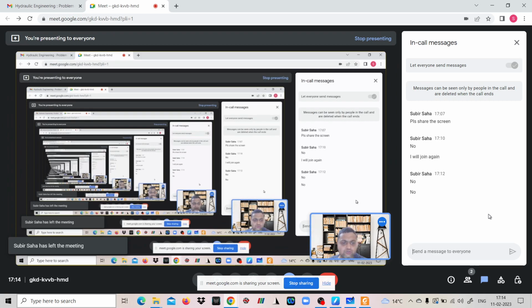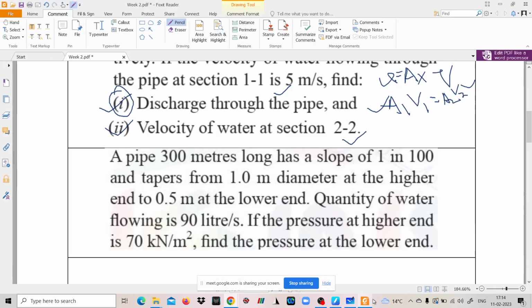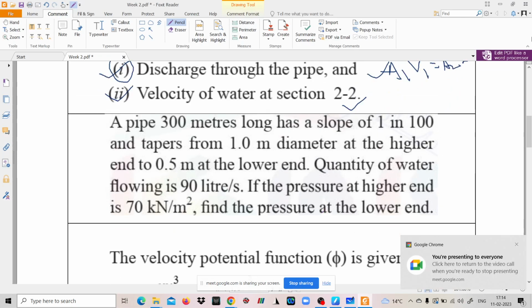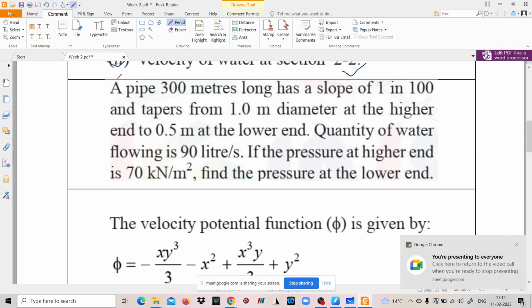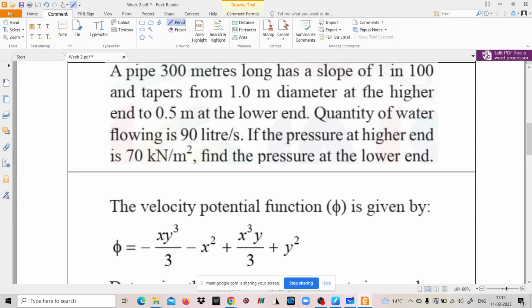Okay, let me proceed with the problem. Let's move to the next problem. There is a pipe which is 300 meters long and it is laid at a slope of 1 in 100. That is, if it moves 100 units in the horizontal direction, then it moves in the vertical direction by 1 unit.